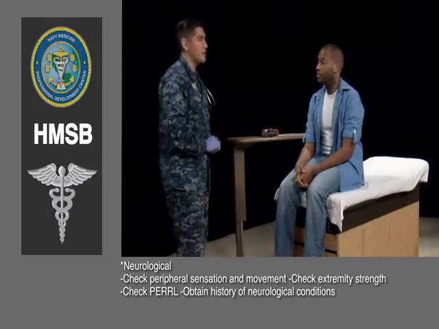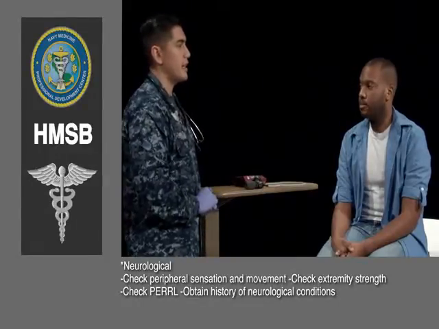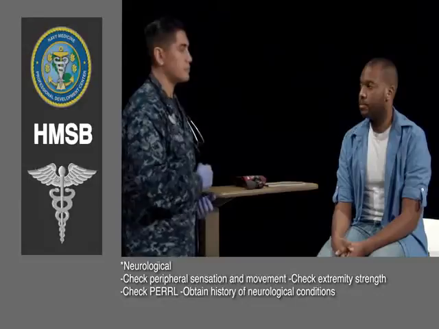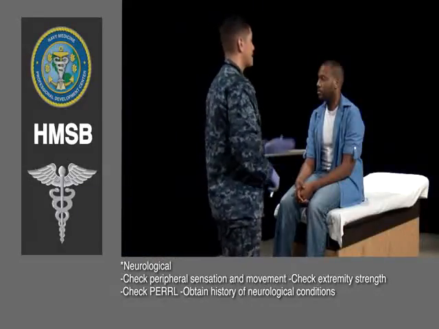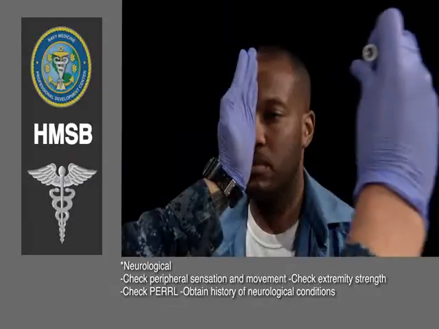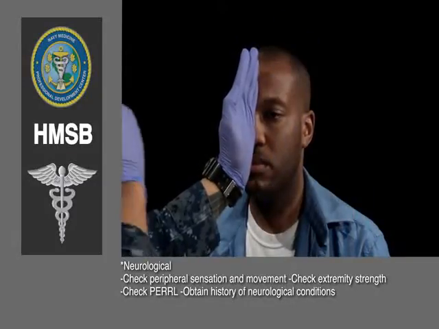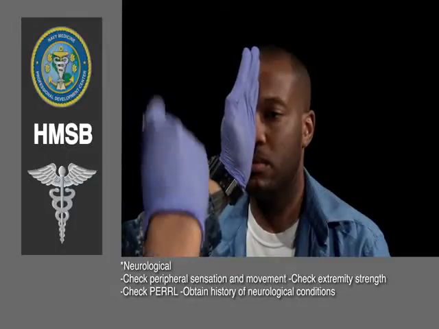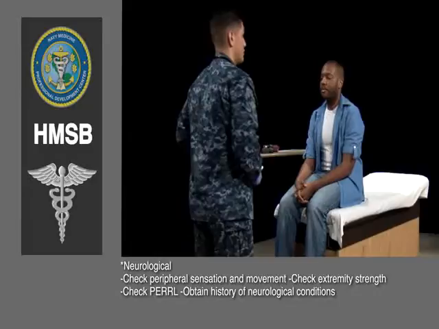I'm going to start by assessing my patient's neurological system. Sir, do you have a history of any neurological ailments? No. Do you have a history of any head trauma? No. Using my pen light, I'm going to assess my patient's pupils to see that they are equal, round, and reactive to light. I'm also going to check his extraocular movement.